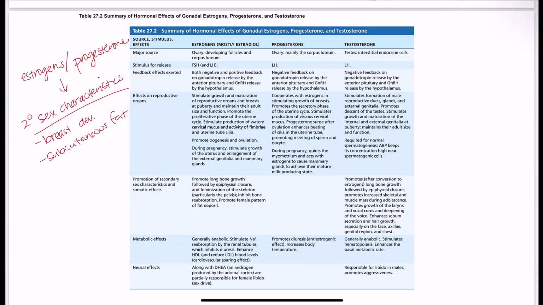But estrogen and progesterone also play a role in widening of the pelvis, and they make it lighter in density. So estrogens and progesterone don't just do secondary sex characteristics. They do lots and lots of other things that aren't necessarily considered sex characteristics. And so that's why I'm showing you this slide.